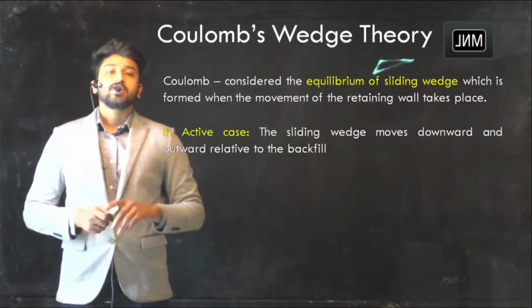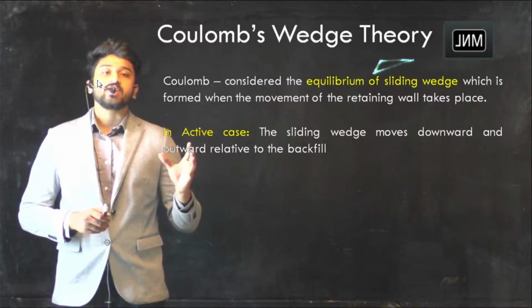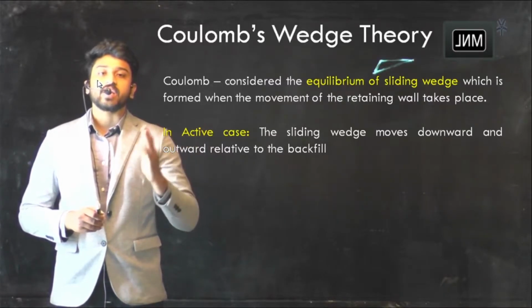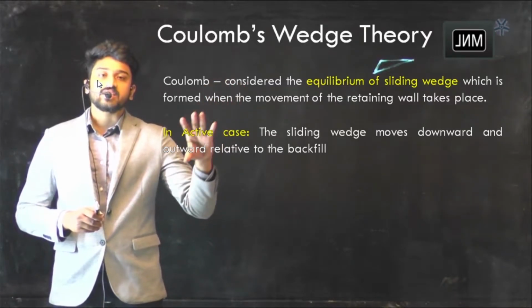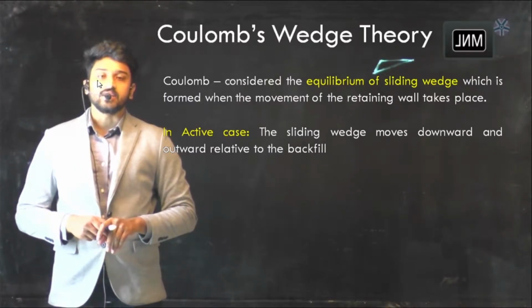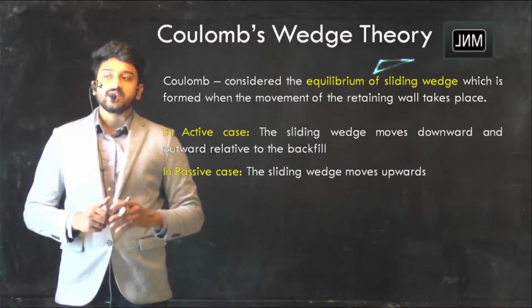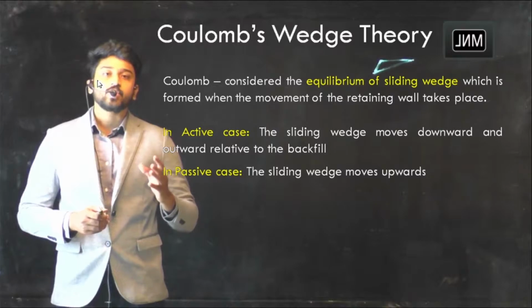In the active case, when the wall is moving away, the sliding wedge is considered to be moving downwards. In the passive case, the sliding wedge is assumed to be moving upwards.